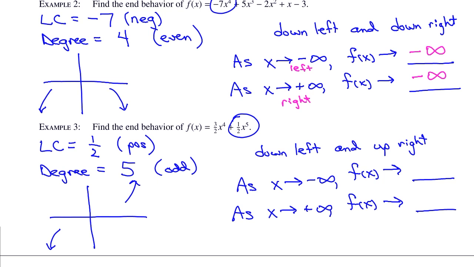Since it's going down as x goes to the left, we would say that as x goes to negative infinity, f of x goes to negative infinity. And as x goes to positive infinity, since the function is going up on the right side, we would say f of x goes to positive infinity.